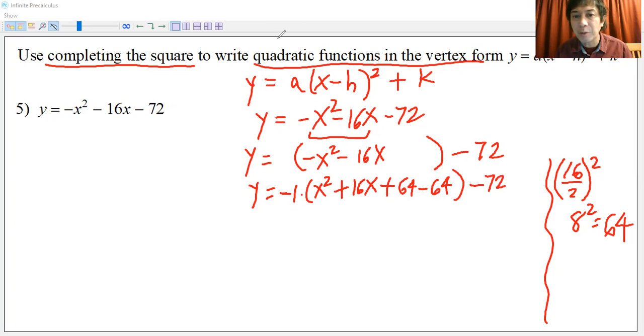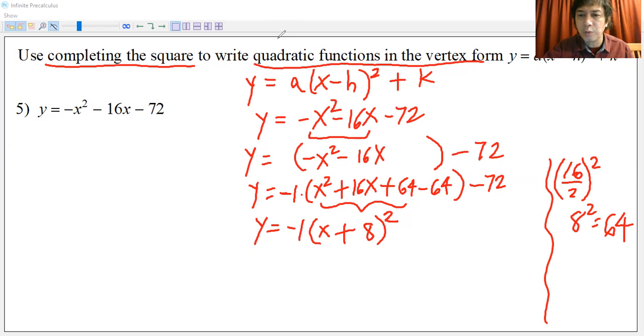Okay, we now have our perfect square trinomial, which is equivalent to: square root of x squared is x. Square root of 64 is 8. And then the sign will be the sign of the 16. The 16 has a plus sign, so this will be plus. That's how to do the completing the square.